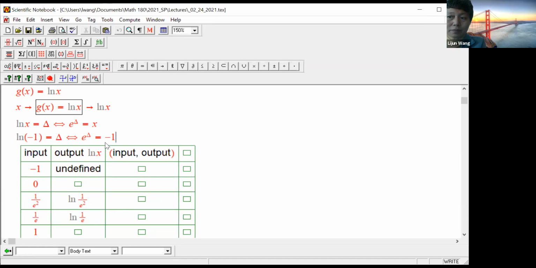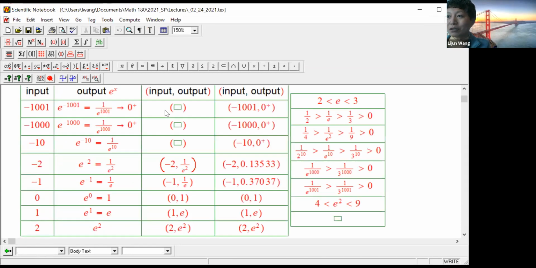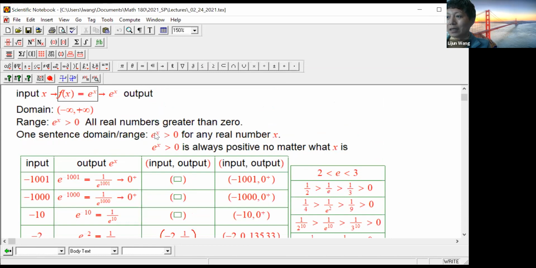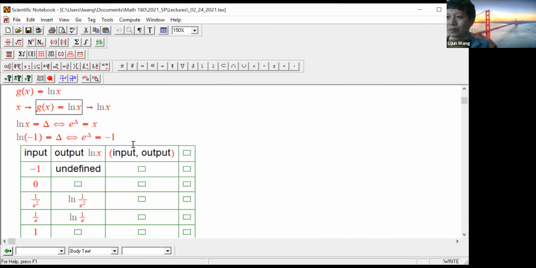You can't get that, right? That's right, very good. Because we just discussed e to the power x, right? e to the power x is always positive. So what happened to this? No solution.